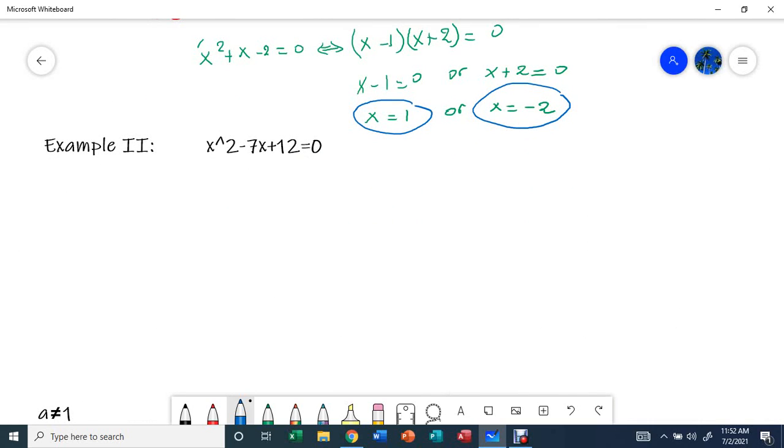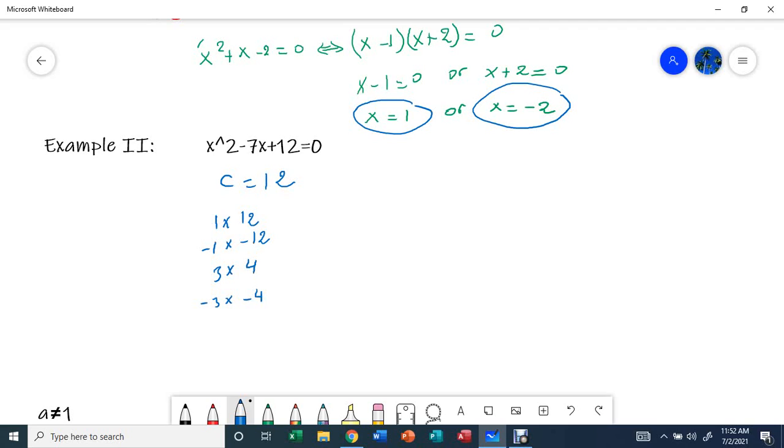So c is 12. List all the numbers that, if I multiply them by each other, I get 12. So 1 times 12, negative 1 times negative 12, 3 times 4, negative 3 times negative 4.